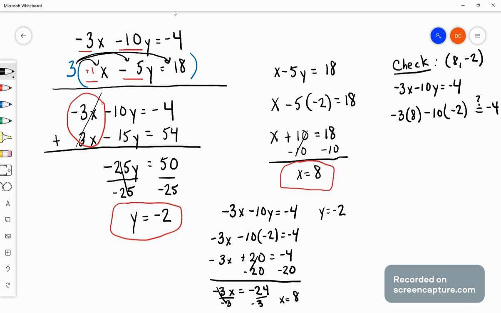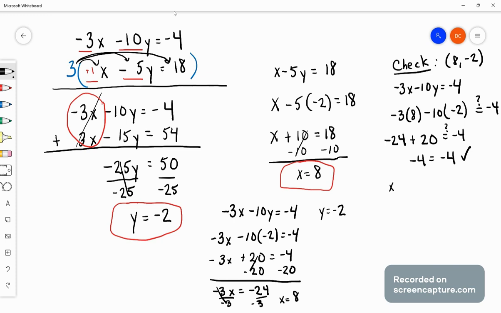Negative 3 times a positive 8 is going to be a negative 24. Negative 10 times a negative 2 is going to be a positive 20. And does that equal negative 4? Well, yeah, negative 24 plus 20 is negative 4. So negative 4 equals negative 4. Perfect. We got it.